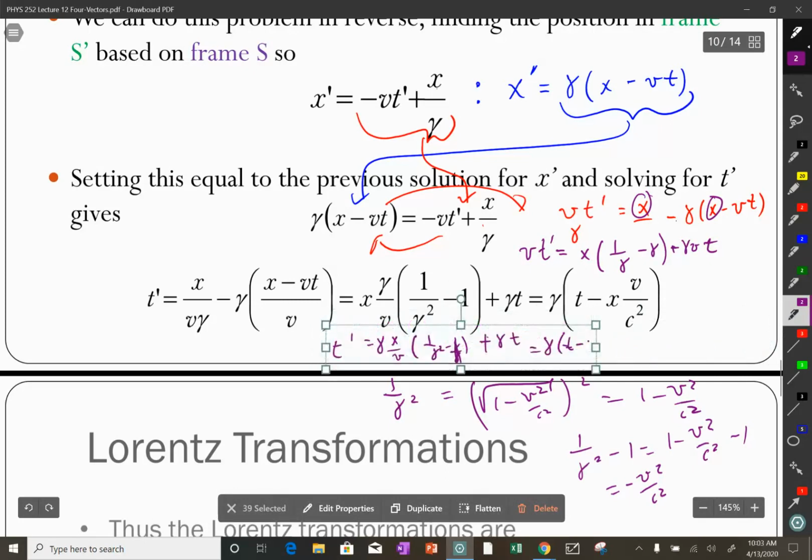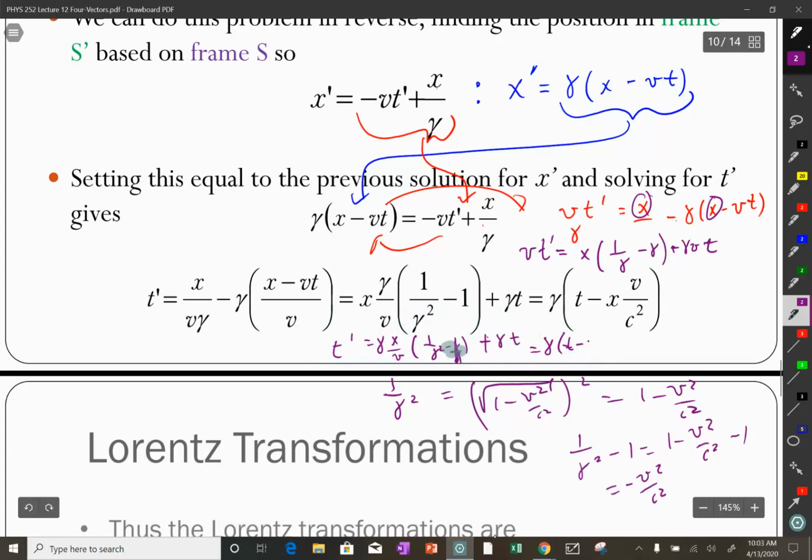It equals gamma times t minus, and then it was v squared over c squared over v, or x times v squared over c squared over v. So that's going to be just 1 v on top. And that's what we have above. So it is the same thing.